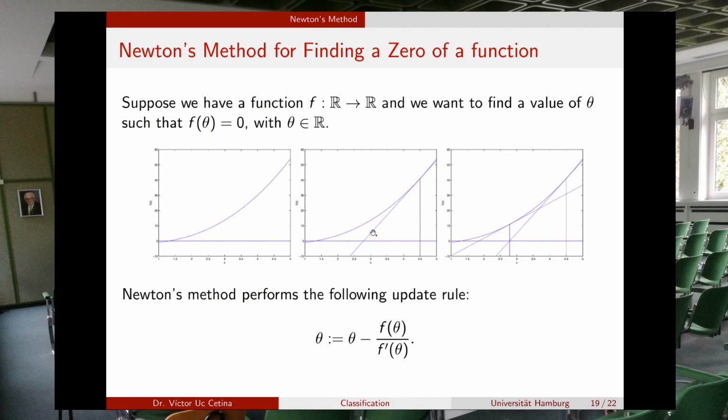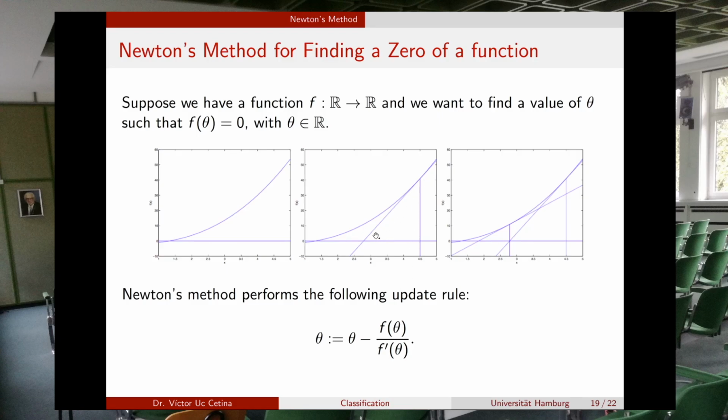That relationship is the tangent of this angle here. The tangent of this alpha angle will be this side, which is f of theta, over this side here. And we know that the tangent of this line equals the derivative of this f function at this point, which is exactly the first derivative of f at this theta.